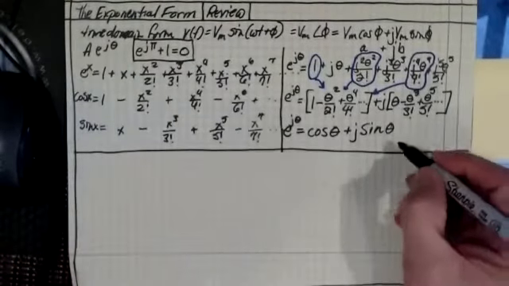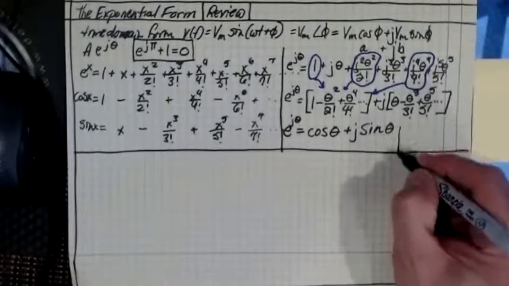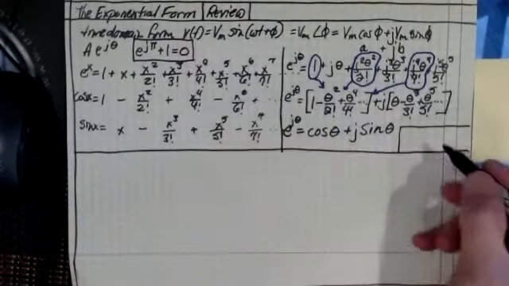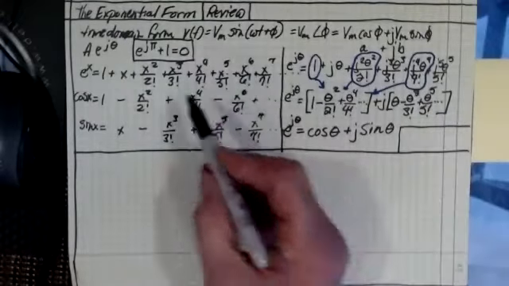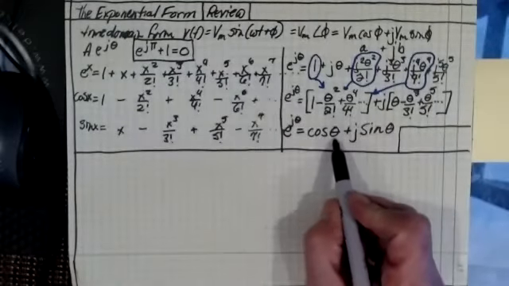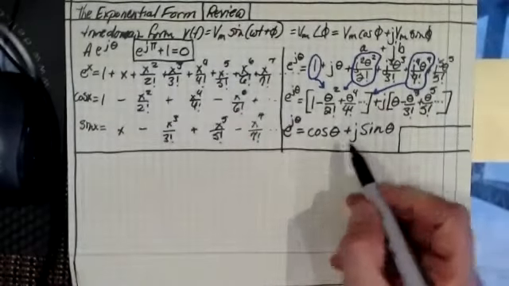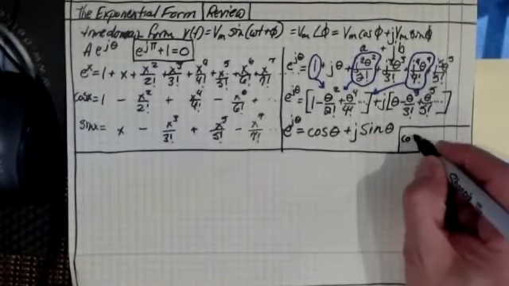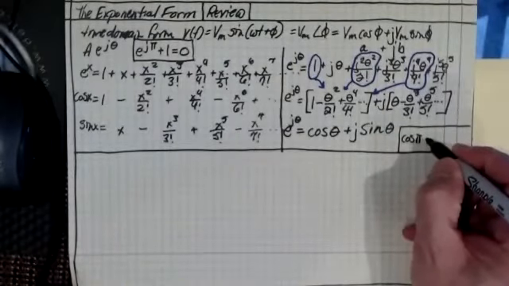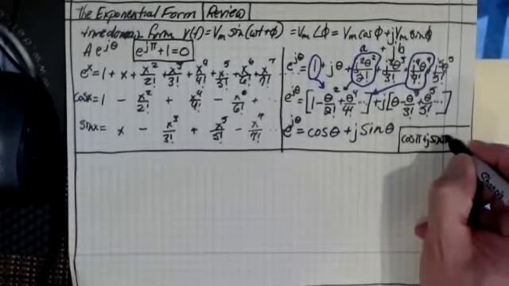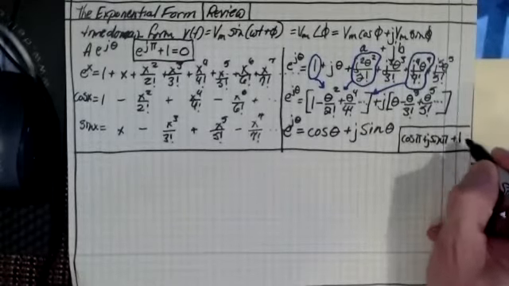And of course, if you look at what I wrote up there, Feynman's lecture, e to the j pi would be cosine pi plus j sine pi plus 1, right?